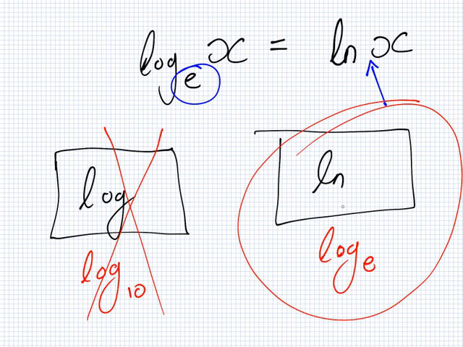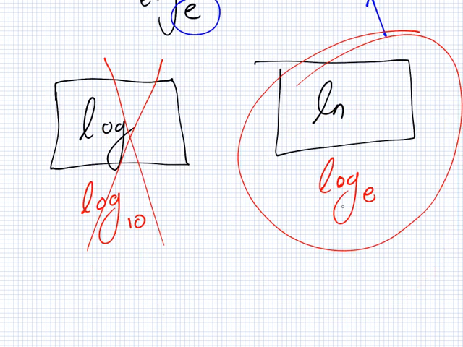Welcome to Ireland. So no base means base e then. Can you calculate ln 10? So you all found the ln button on the calculator?